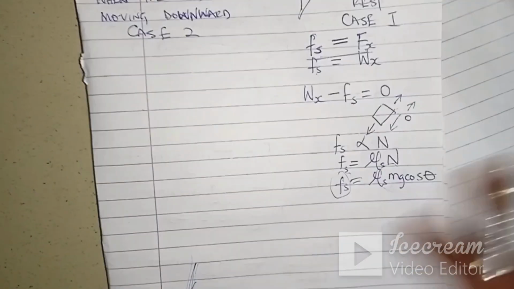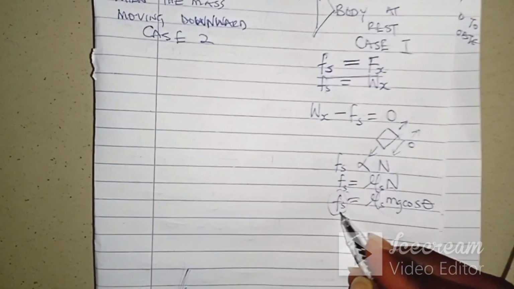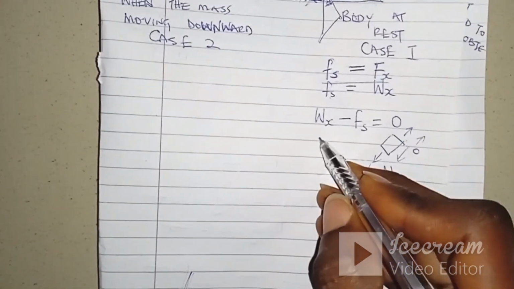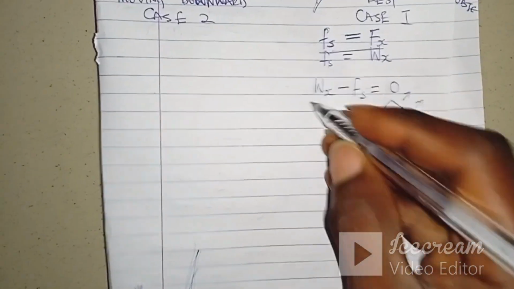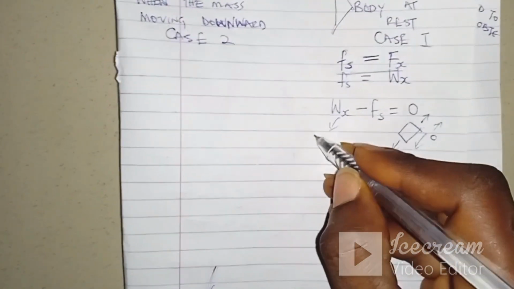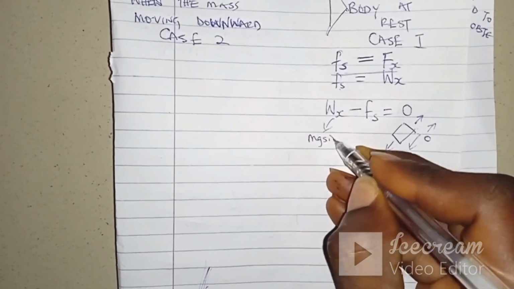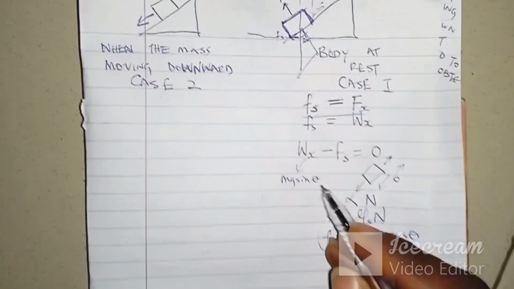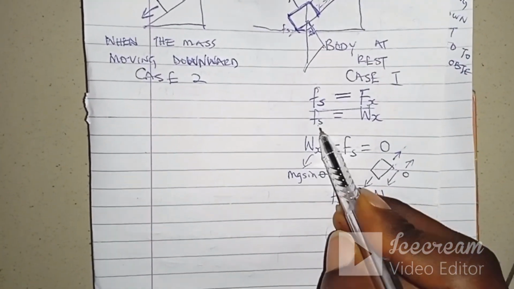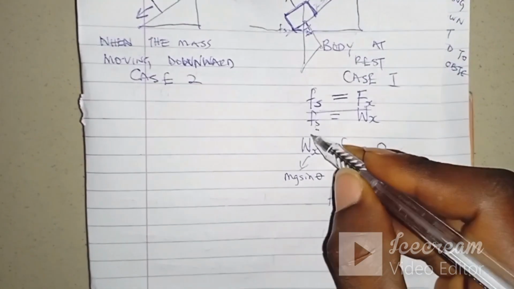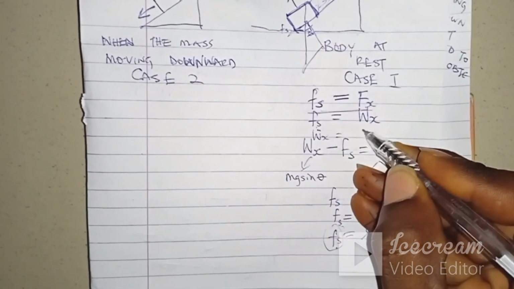And Wx, if you remember, is equal to mg sine theta. So Wx equals Fs.